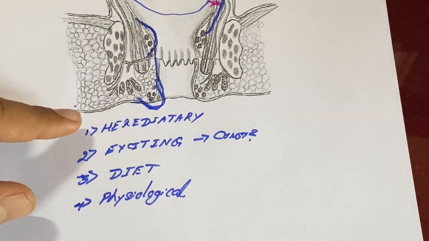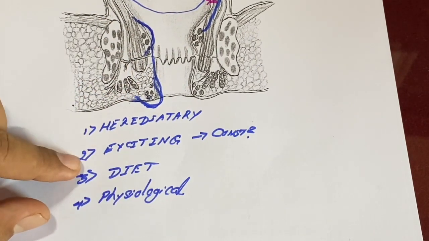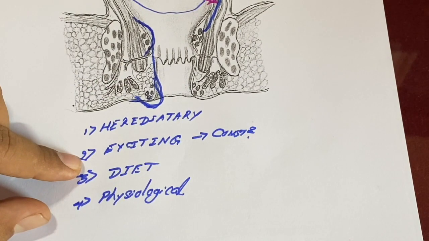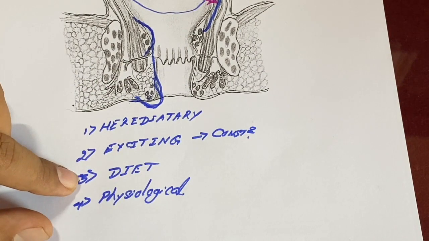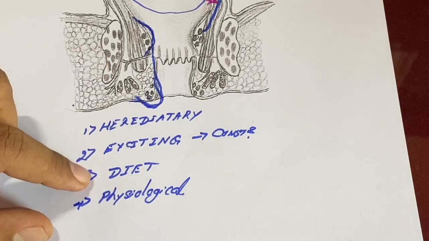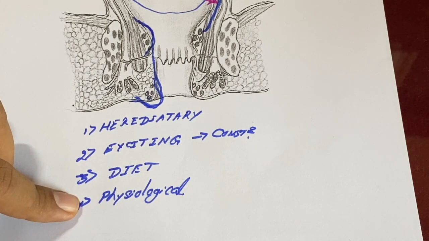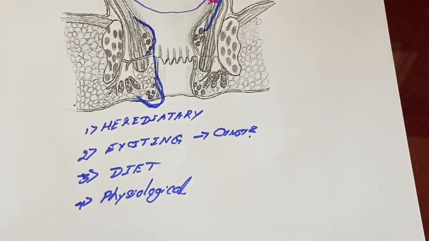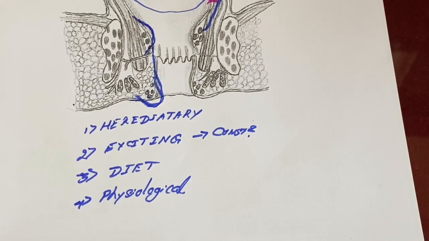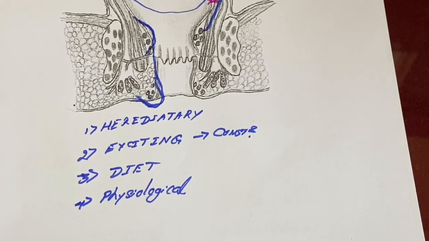So I repeat: hereditary causes, exciting causes like constipation and diet, which is why in most hemorrhoidal cases we recommend a fiber-rich diet to avoid constipation, and physiological causes, as I told earlier, this is a penalty that human beings are paying for the erect position. So these are the primary causes.